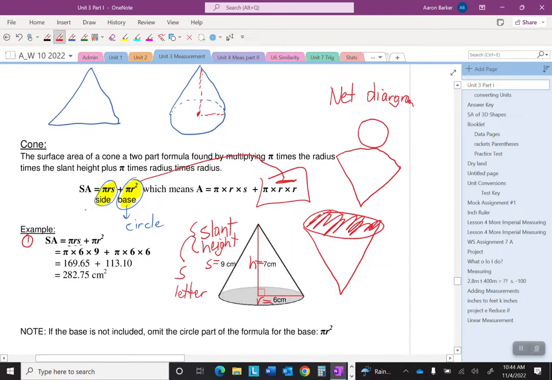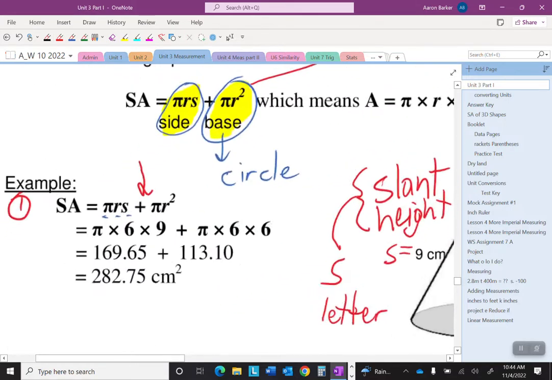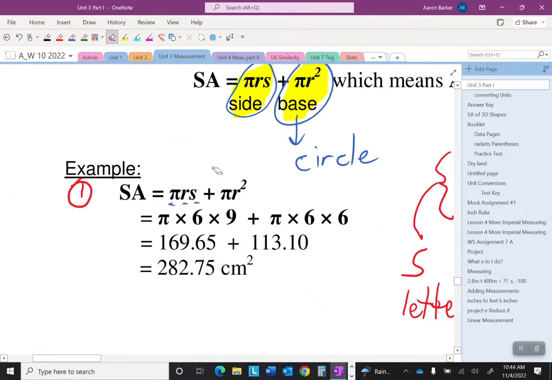Okay. So again, the two parts are separated by the plus sign in the middle. So we write the formula, pi rs, that's the side, plus pi r squared, that's the circle. Okay. This plus sign separates the front and the back.